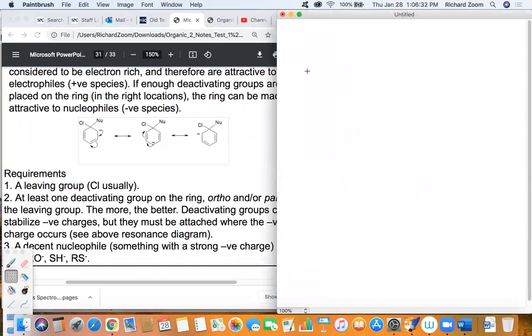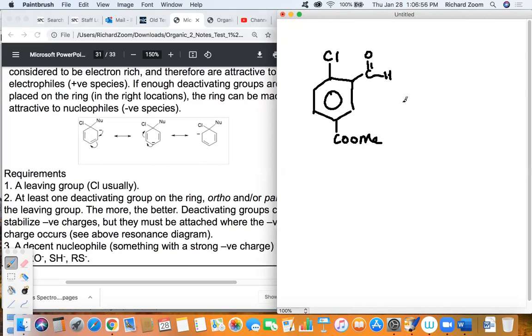So if we look at some examples of these, we'll have the Cl there, and then I can put, let's say, this and this. These are both deactivating groups. Remember that the C double bond OOME is like that.